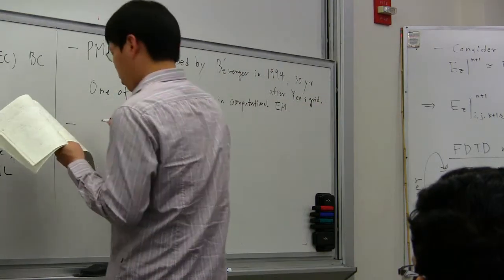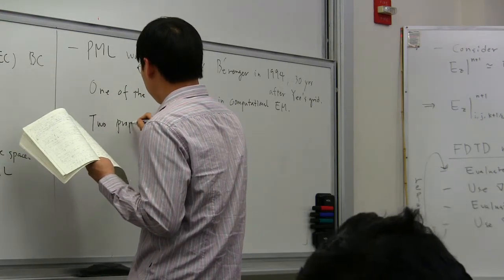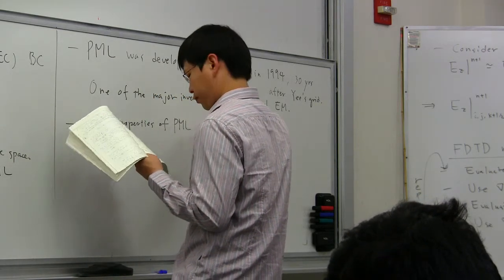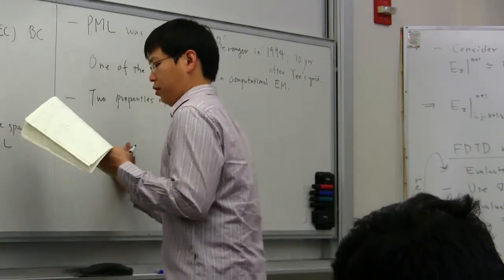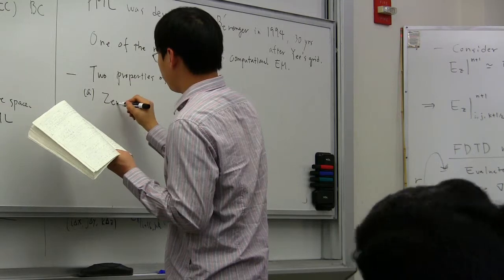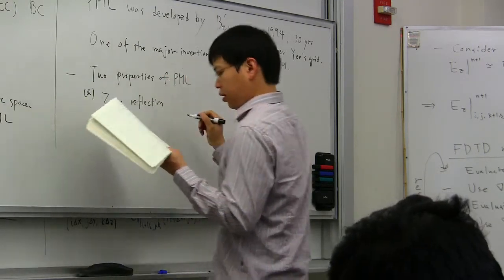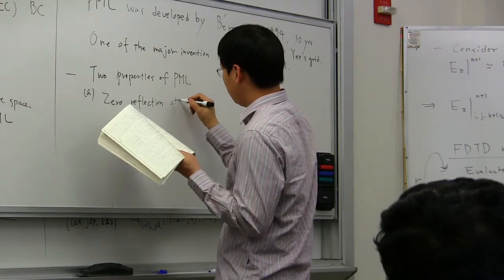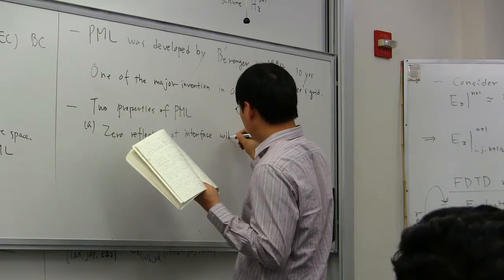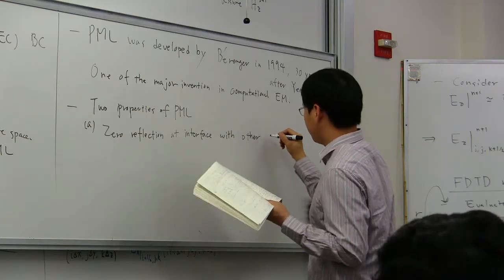So there are two properties of PML. A, zero reflection at an interface with other media.